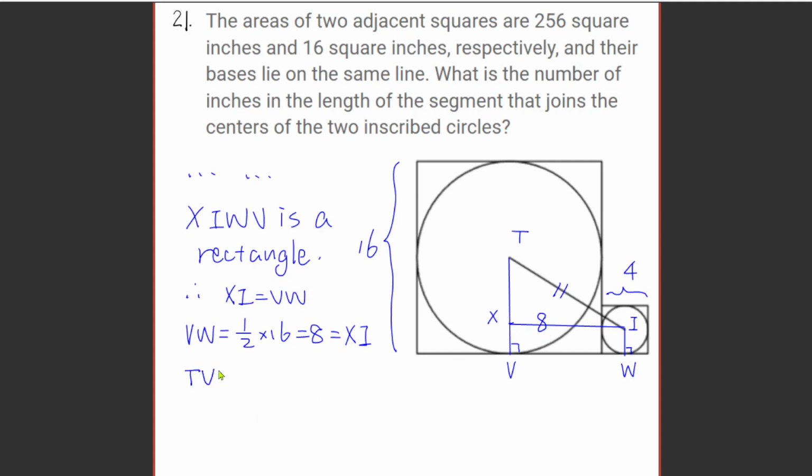And we also know TV can be given by the radius of the larger circle subtracted by the radius of the smaller circle, which is 1/2 the side length of the smaller square, and this gives us 6.